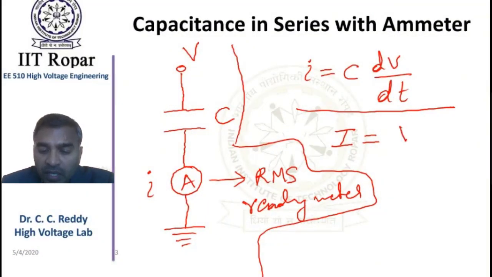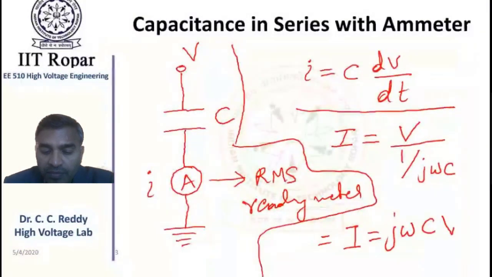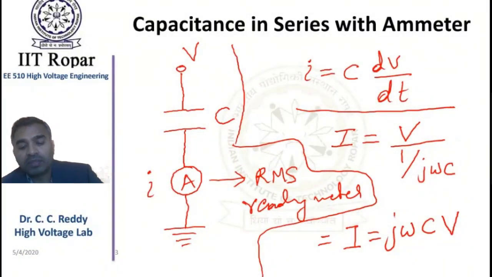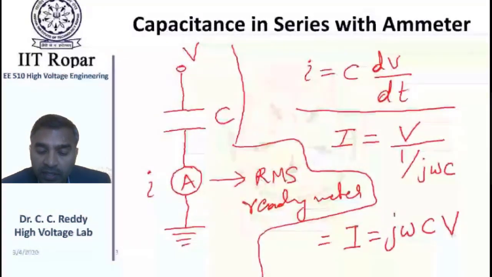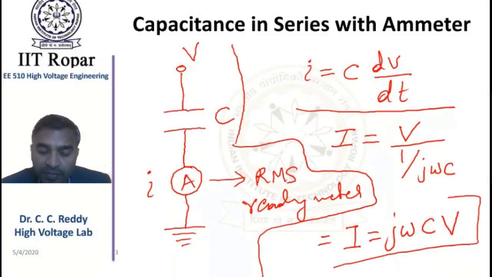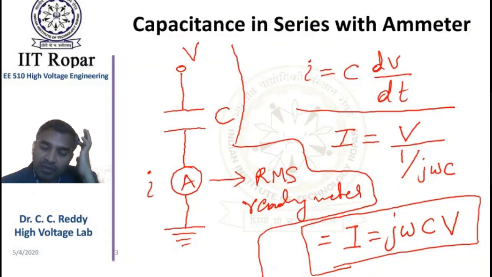I equals V by 1 by j omega C, so I equals j omega C into V. So the RMS value of the current is simply proportional to the RMS value of the voltage. Now it can easily measure the RMS voltages.